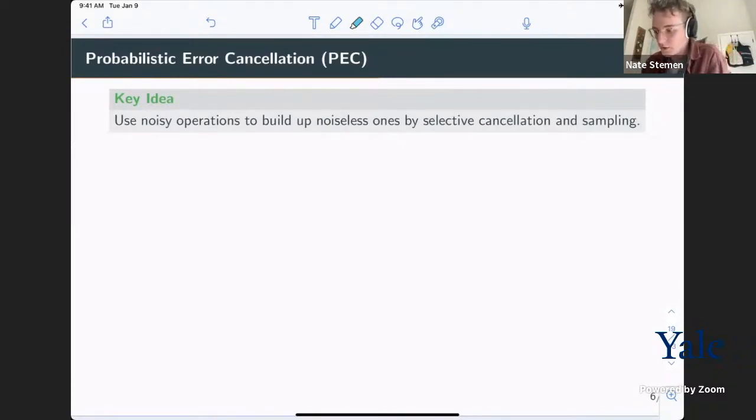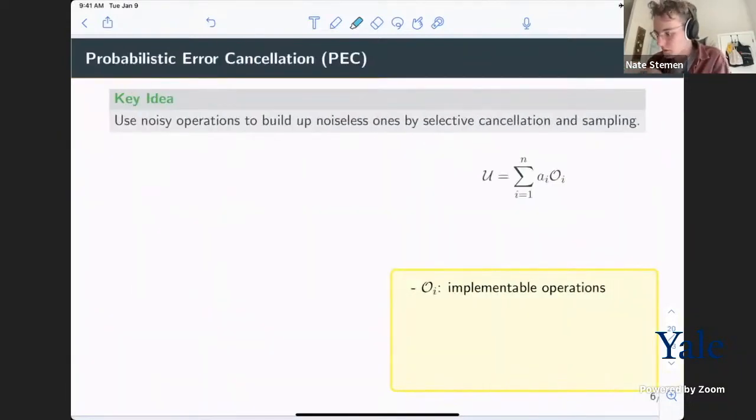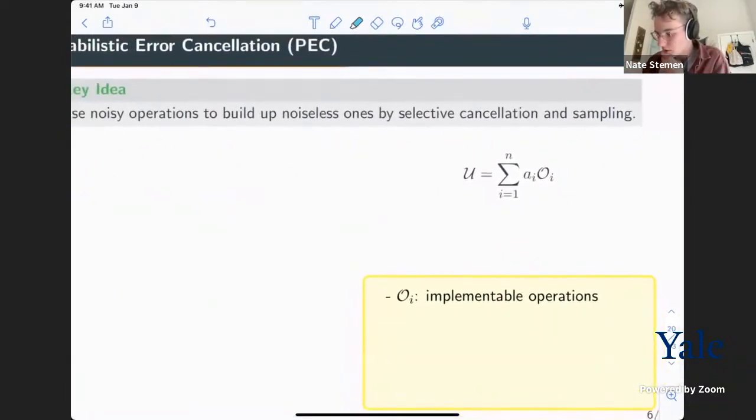So the idea here with probabilistic error cancellation is we're going to understand that everything that we want to do on a quantum computer has some noise built into it. And so what you can do is use those noisy operations to try and build up noiseless ones by selective cancellation and sampling. One way you can think about this is as follows.